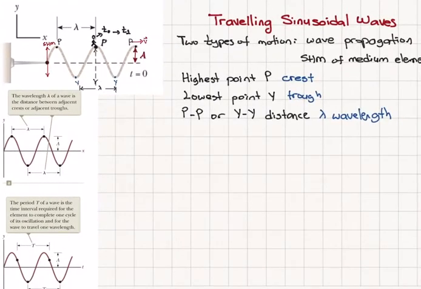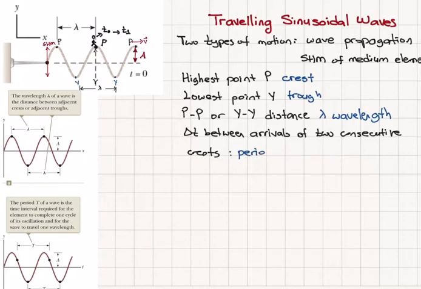So what this observer is measuring is the time interval between arrivals of two consecutive crests, and that will be one period. That's the period of the sinusoidal wave, T.